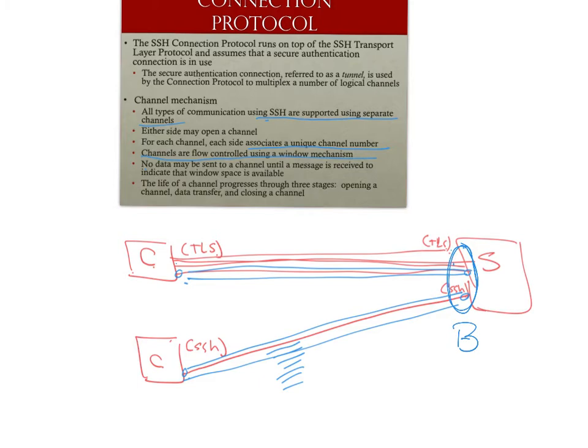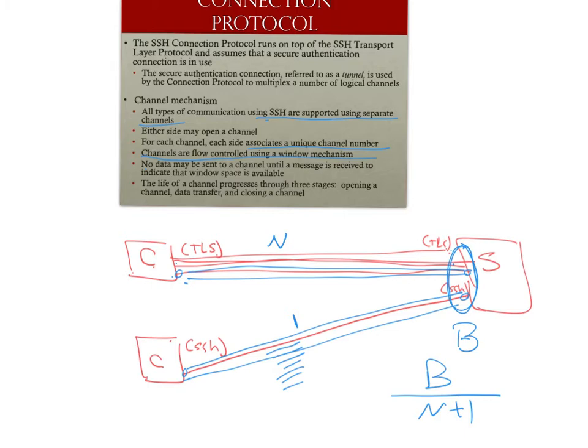So if this client has n connections through TLS and one connection on SSH, what is the bandwidth share for each of these connections? It's actually B divided by n plus 1. Understood?